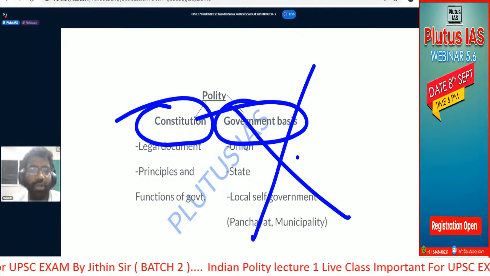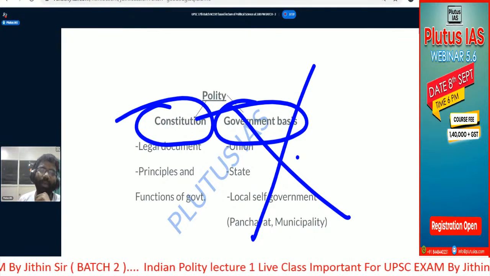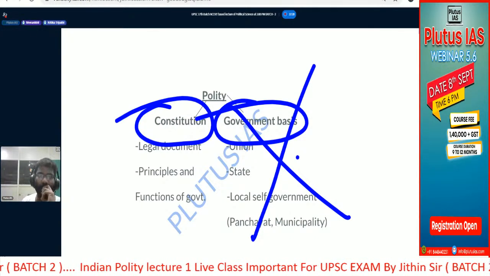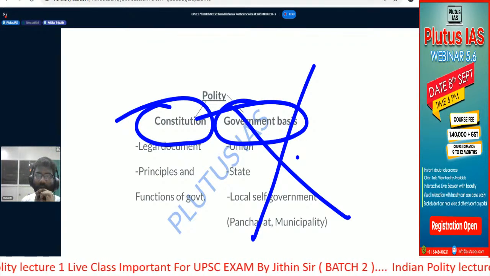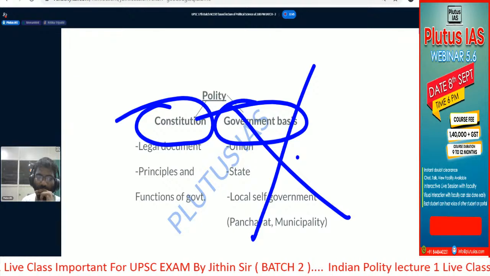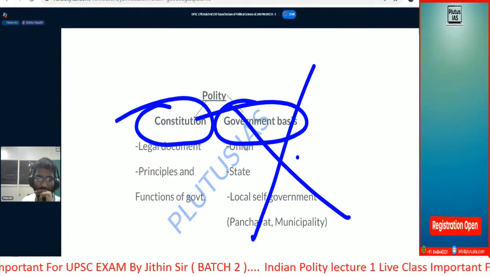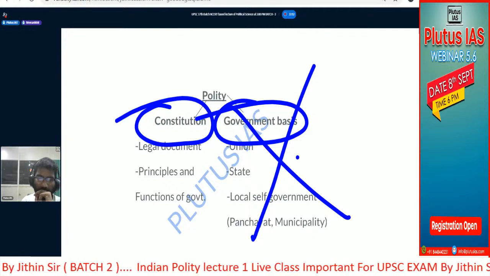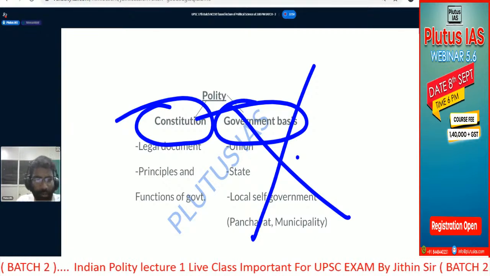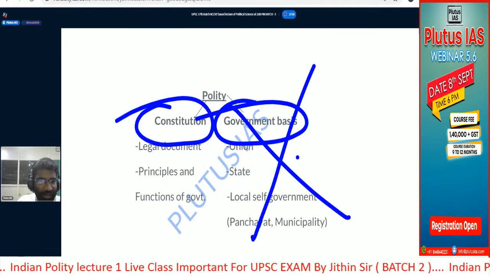Why we need a constitution? The first question is why we need a constitution. So that we know how the state is going to work. Also, if constitution is there, we follow some law and order. Okay. I have not got the correct answer till now.